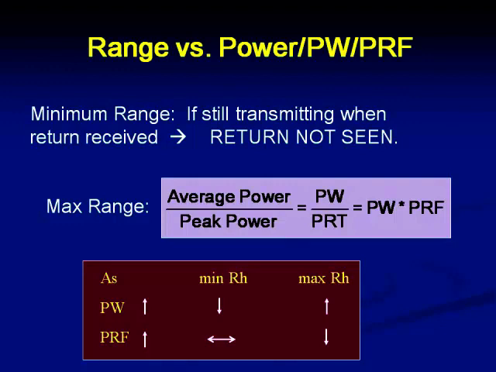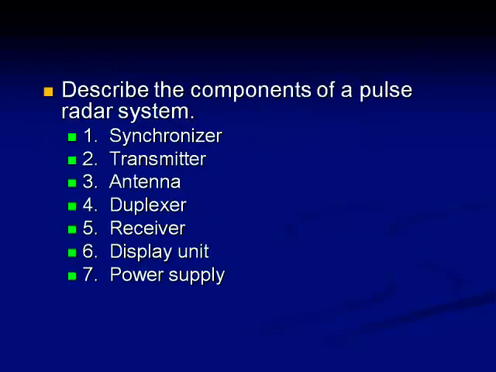With all this information, let us now see what blocks are required for a pulse radar system. One is a synchronizer, a transmitter, an antenna, a duplexer, a receiver, a display unit, and for all these things to work properly, we need a power supply.